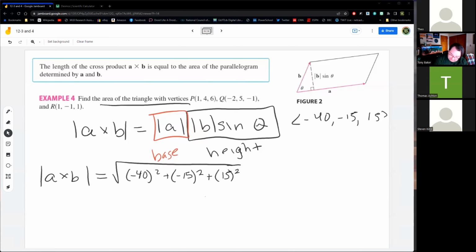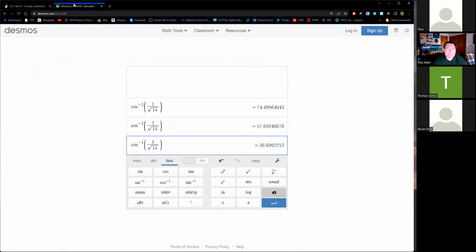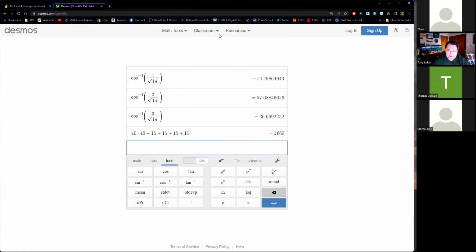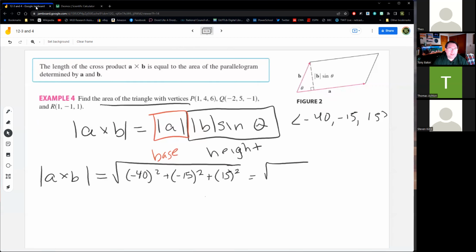So we've got the square root of 40 squared plus 15 squared plus 15 squared, the square root of 1660. And yes, I'm cheating. It reduces down to 5 square root of 82.